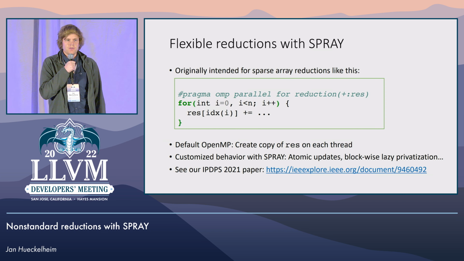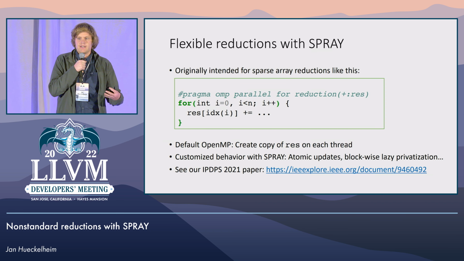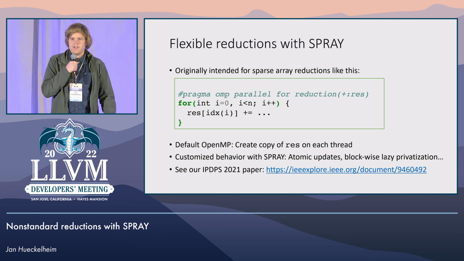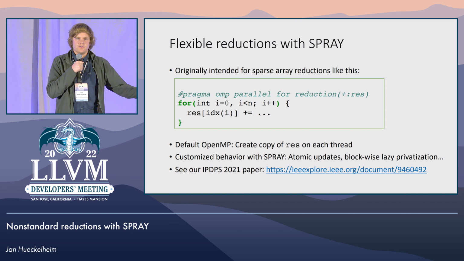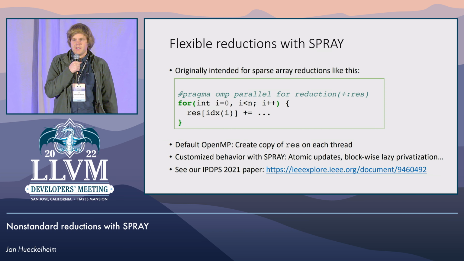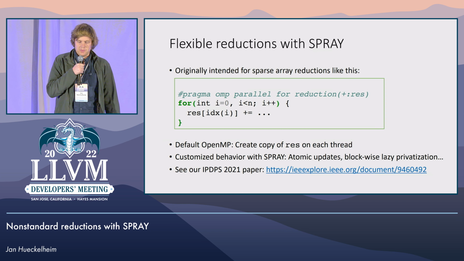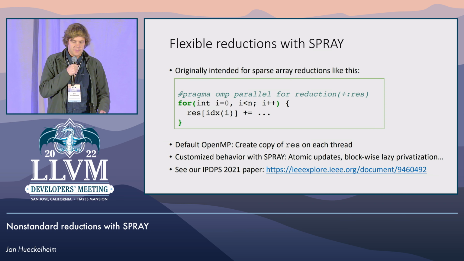So every thread will only really increment selected elements in that array, and it's just extremely wasteful for every thread to allocate memory for itself, initialize everything with the neutral element, and then reduce all of these elements that are mostly zero anyway. And for that reason, reductions are probably not as much used as they could be.